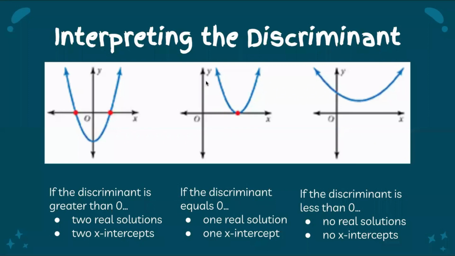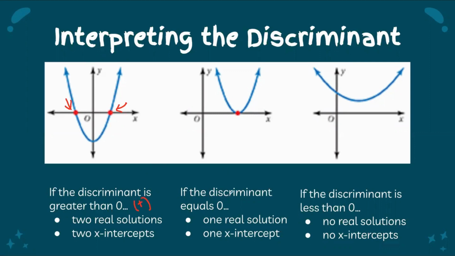Remember that there are 3 possible outcomes whenever you're trying to find the solutions of a quadratic equation. The first is that there are two real solutions. If you were to graph the quadratic equation, your parabola would go through 2 points on the x-axis. And you would know that there are two real solutions if the discriminant is greater than 0, or if the discriminant is just positive.